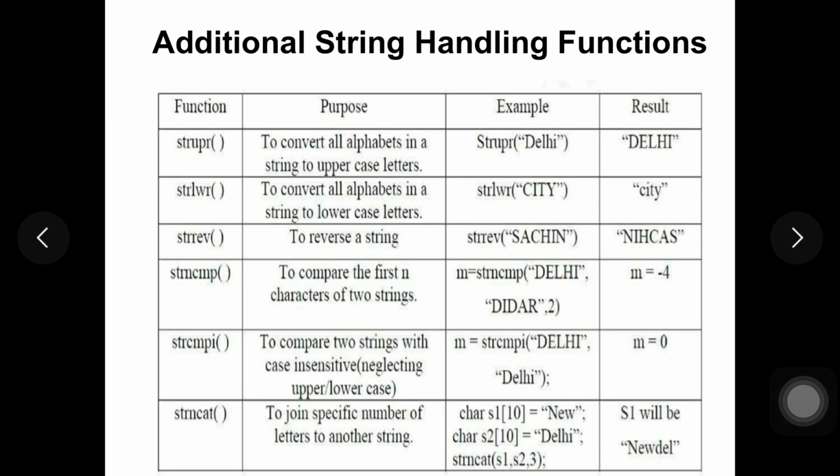You can see we have strncat s1, s2, comma 3. You are going to join the s2 string Delhi to the s1 string new, and from Delhi you take only 3 characters. So the result s1 will be newDel, that's it. hi will be ignored, because only 3 characters are being concatenated into string s1.